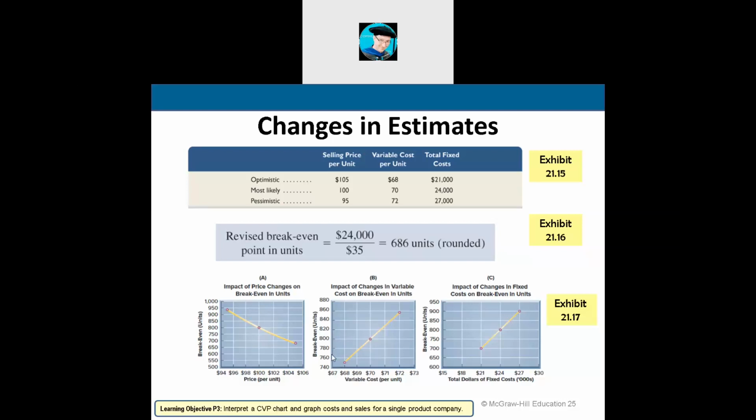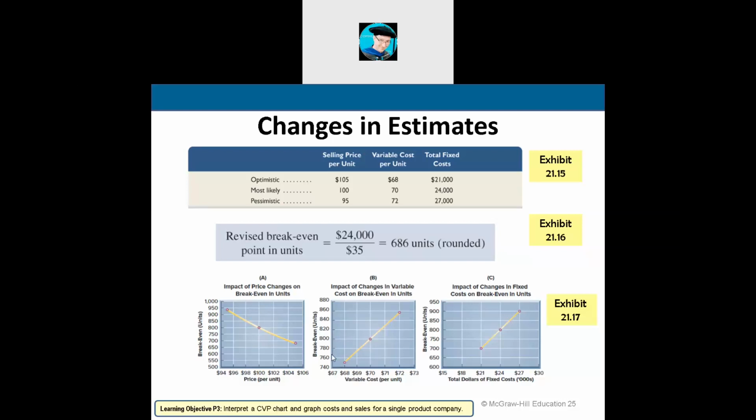Fixed cost divided by our contribution margin per unit gives us our break-even in the number of units. So let's take a look.